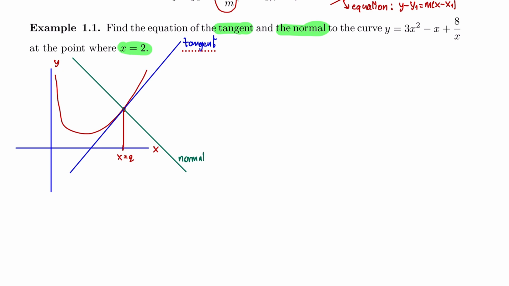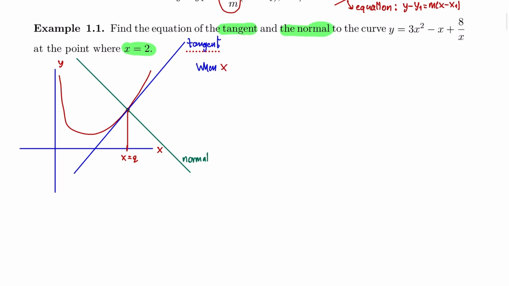Okay. So the first thing that I want to do is to find the y coordinate of this point. All right. So when x equal to 2, let's calculate the value of y. So it turns out to be 3 times 2 squared minus 2 plus 8 over 2.